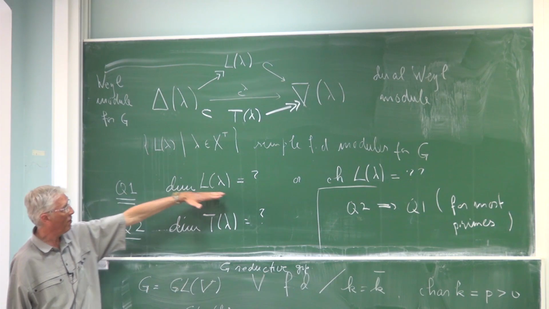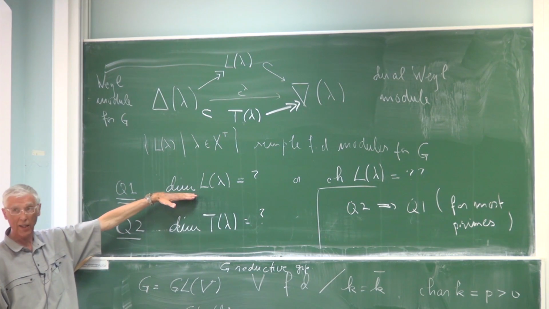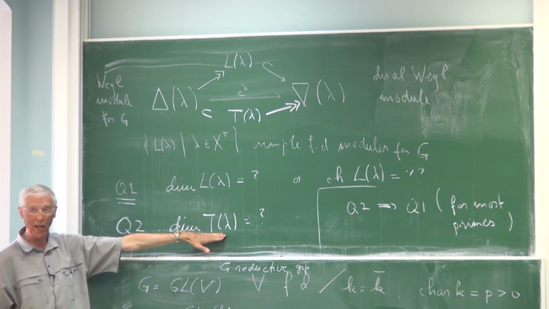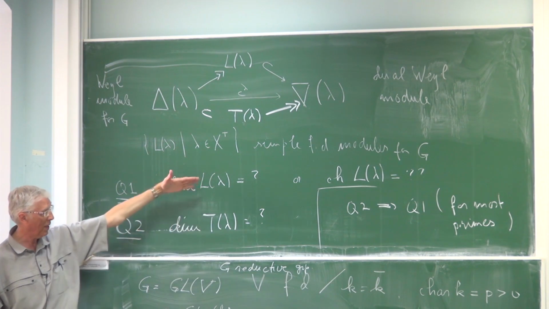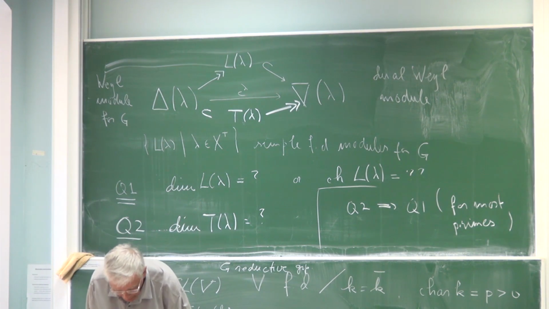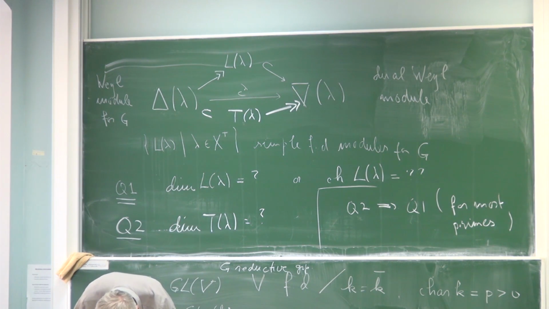Even though you do have a solution to the first question in that case. So it does help you produce the first few T lambdas, but not all of them.